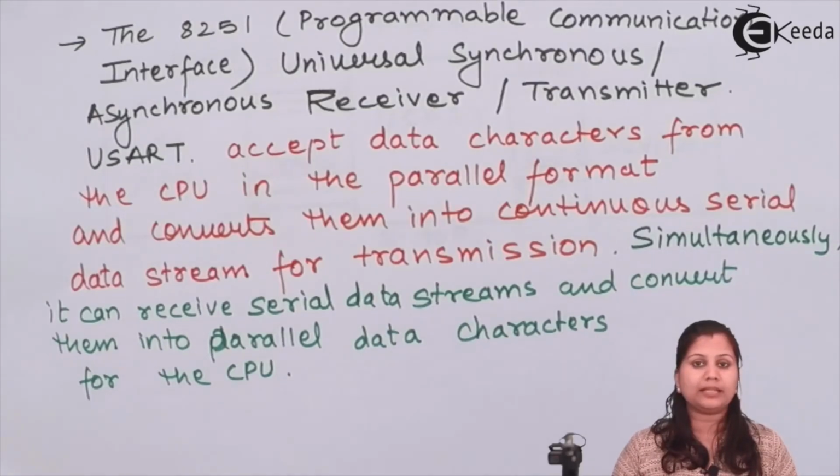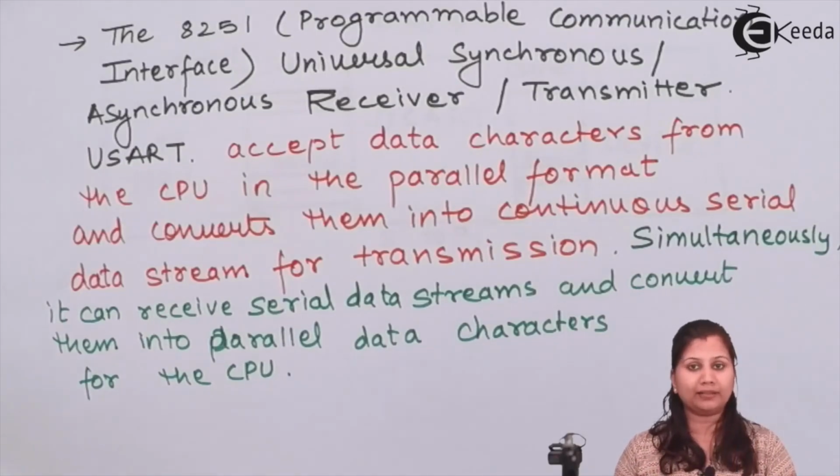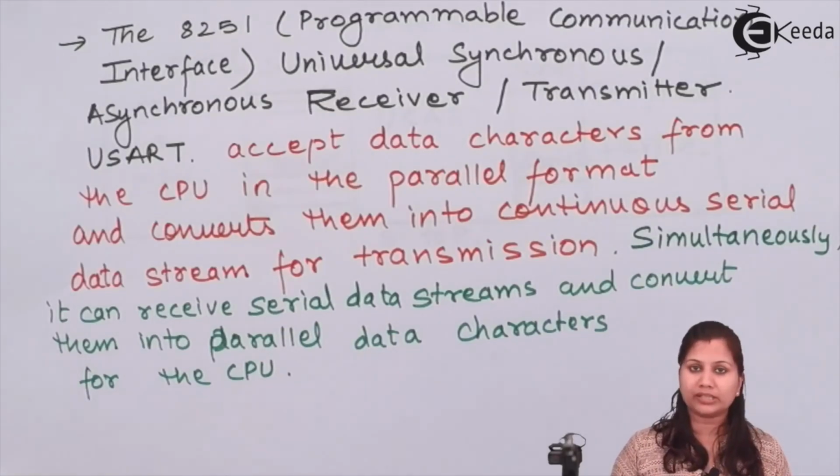It is available in 28-pin IC 8251. Also, all the input and output pins are TTL compatible. It can perform serial to parallel conversion, and it can also perform the parallel to serial conversion, and both synchronous and asynchronous data transmission can be done by it.